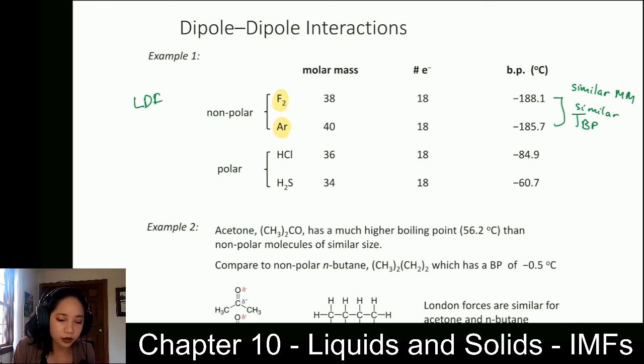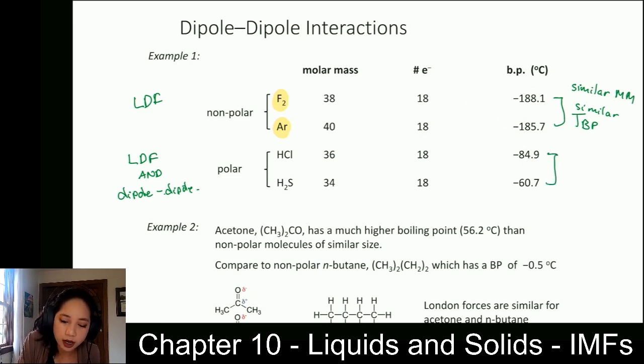Let's look at polar molecules. We have polar molecules, which will have London dispersion forces and dipole-dipole interactions because they are polar. And what do we see here? HCl and H2S are polar. I tried to choose substances that have similar molar masses to our nonpolar cases, but their boiling points are much higher than our other two nonpolar substances.